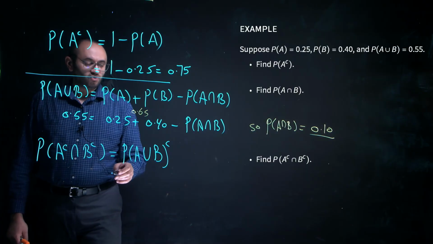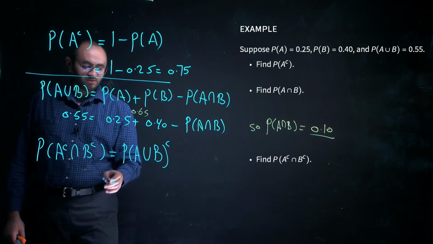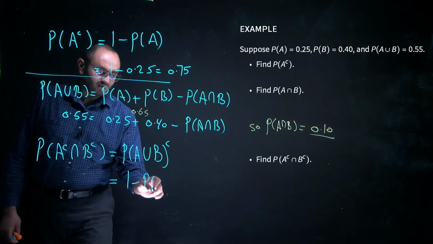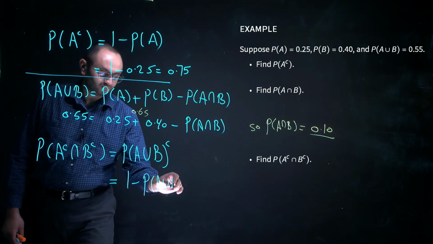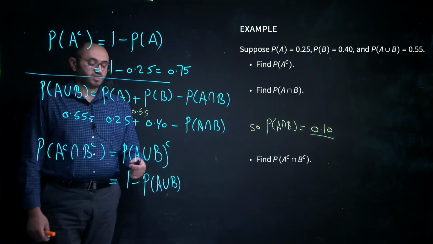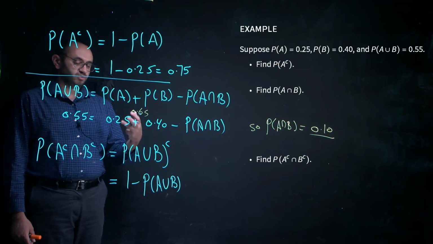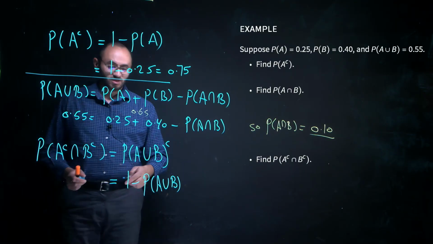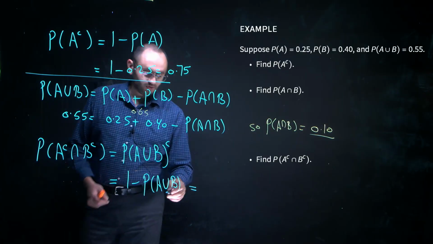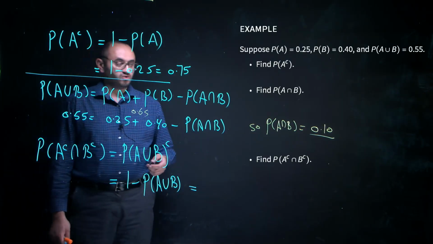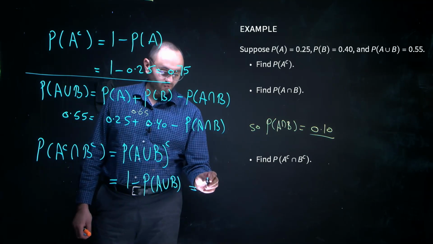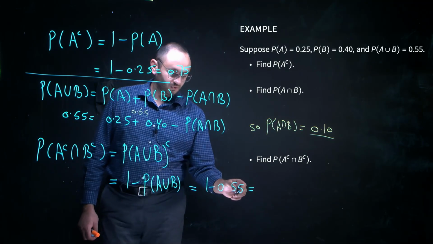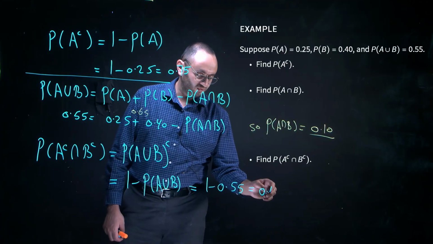And probability of A union B complement equals 1 minus probability A union B using the complement rule. So probability of the complement of any event equals 1 minus the probability of that event. And it's given in the question, probability A union B is 55%, so 1 minus 0.55 is 45%.